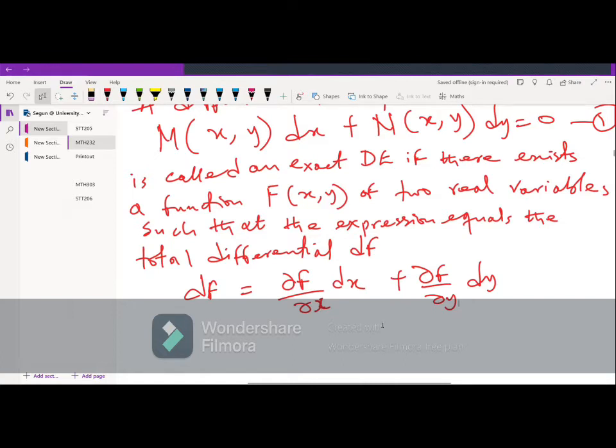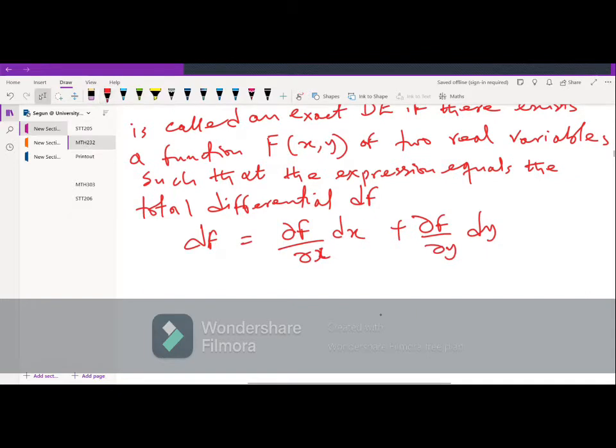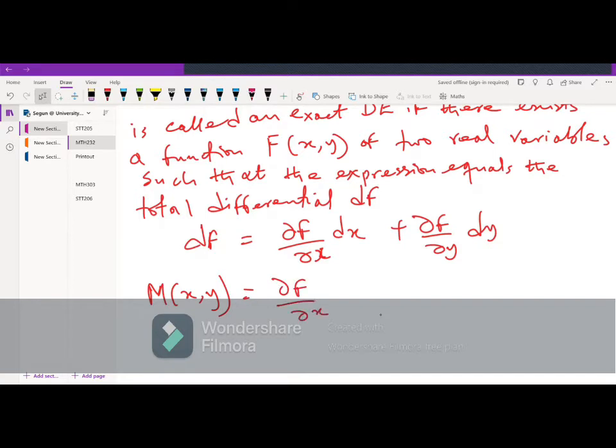In this case we have M(x,y) equal to ∂f/∂x, and N(x,y) is the same thing as ∂f/∂y.